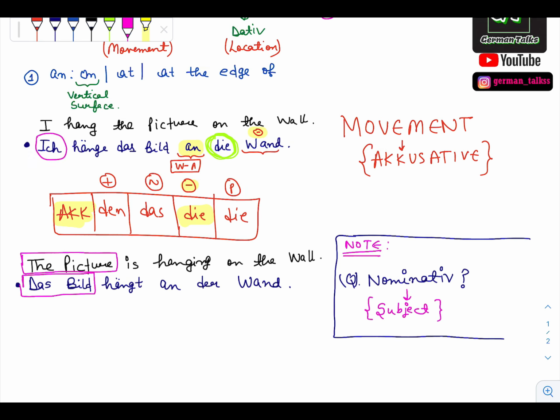Here, nominative case: this is a personal pronoun, and this is an article. If this comes into neutral, then again there, das, the.